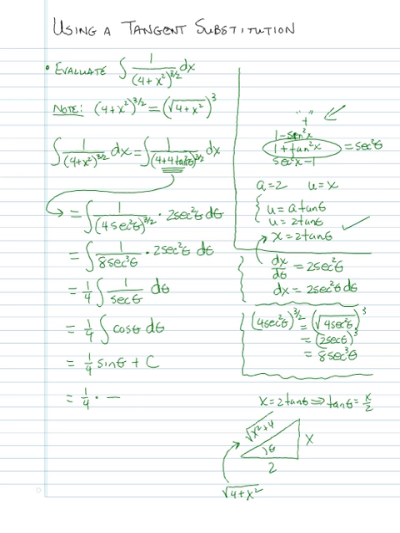So we would have a replacement for sine of theta. The opposite side of theta is x, and the hypotenuse is the square root of x squared plus 4 or 4 plus x squared, however we decide to write it. And we're writing it this way, plus our constant of integration. And then, of course, we can take one more step and write this as x over 4 times the square root of 4 plus x squared, plus our constant of integration.